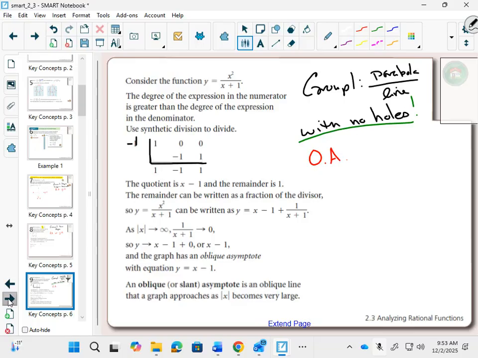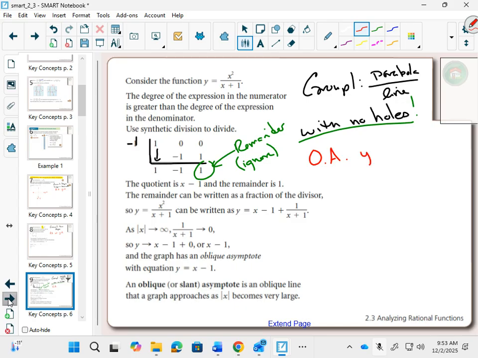There's 0 x's, and there's 0 for a constant. And how do we do synthetic division? We bring this first number down, multiply, and then add, multiply and add. This is your remainder, which you can, in this situation, ignore.